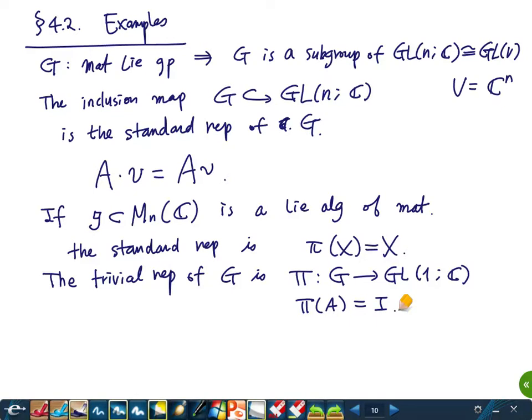It satisfies all the axioms that have to be satisfied. So G acts on V in this case, V which is just C.